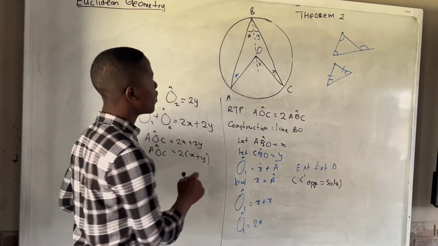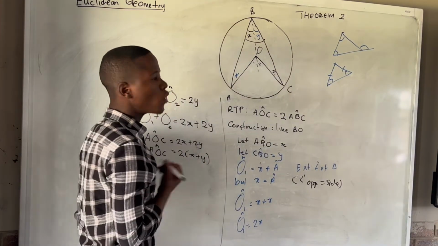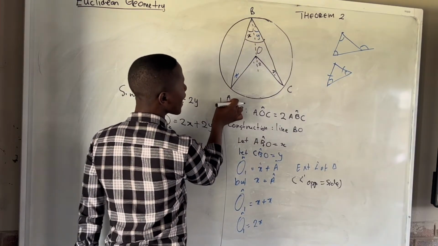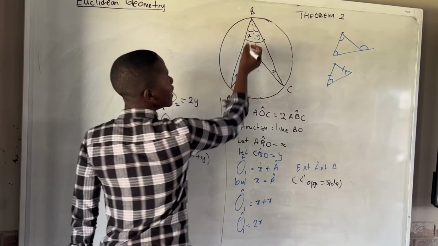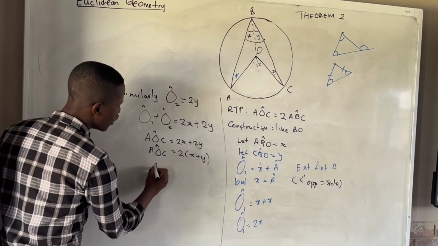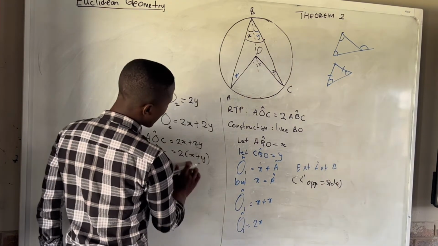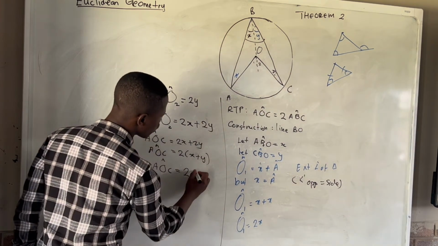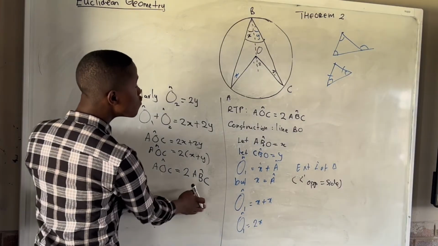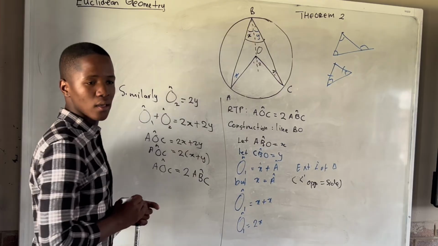If you go back here, look, your angle x plus y is basically this particular angle. So you can reference this as your angle ABC, because ABC refers to this particular angle. So your angle AOC is going to be equal to 2 times x plus y, which can also be written as ABC. So therefore, you have proven what you are required to prove, that AOC is twice angle ABC.